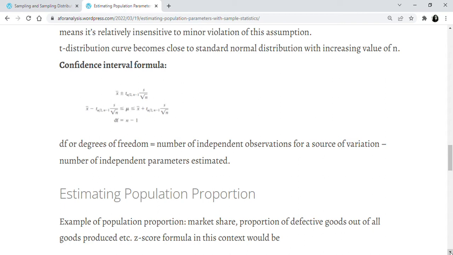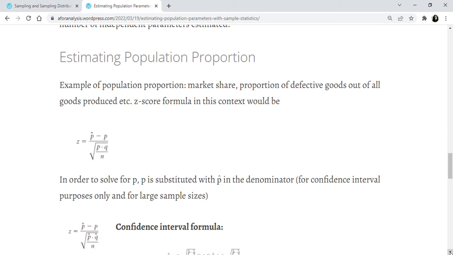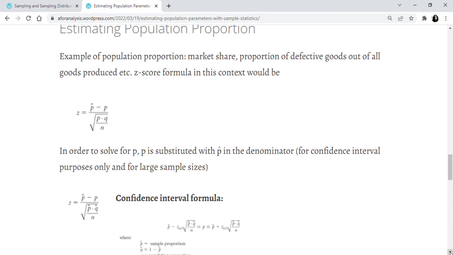Next is estimating the population proportion. Examples of population proportion can be market share, or the proportion of defective goods out of all goods produced, etc. And the z-score formula is used in this context. The z-score formula is something like this: p hat minus p, divided by the root of pq by n.